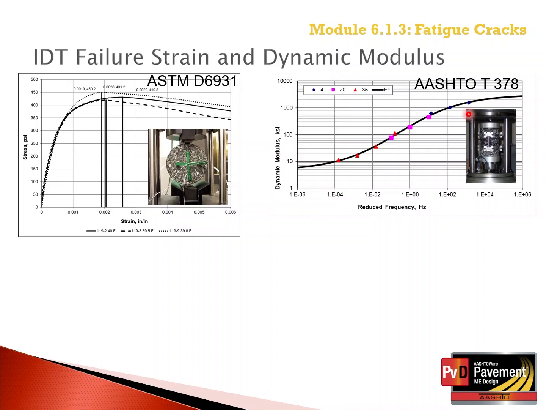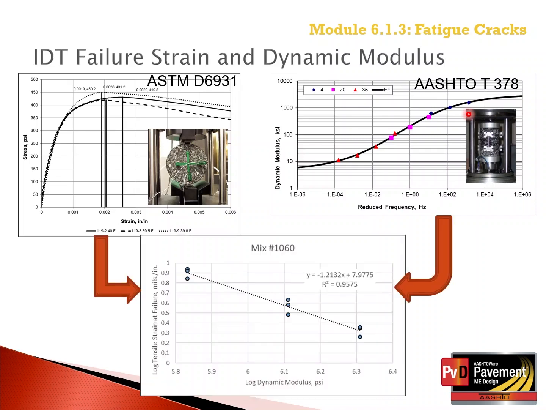The two test outcomes are combined to determine the relationship between tensile strain at failure and dynamic modulus, as displayed in the lower graph. This relationship is used to estimate the coefficients of the bottom-up fatigue cracking fatigue strength equation.